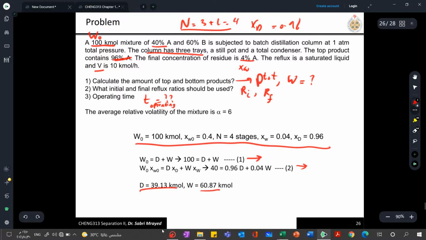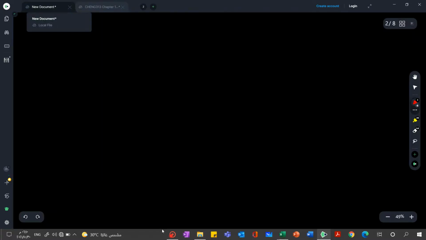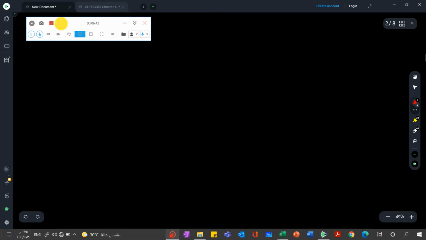By default, all of you should know the initial reflux and the final reflux. As written in the doctor's slide, for initial R you must get R minimum.